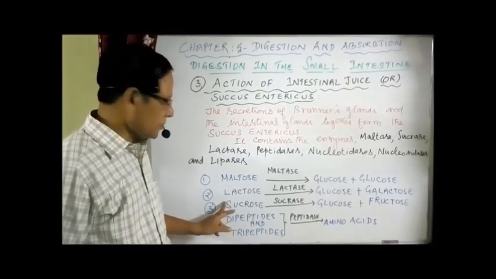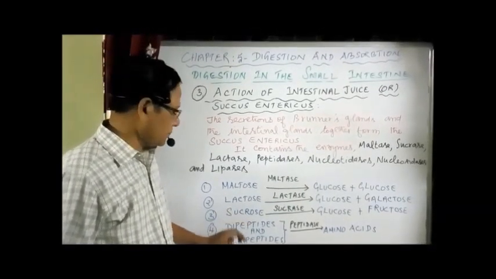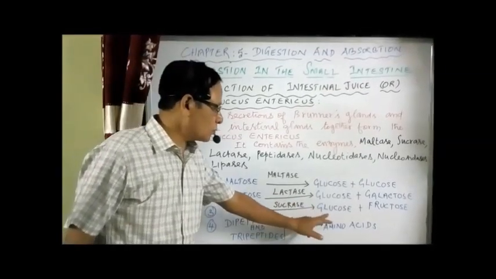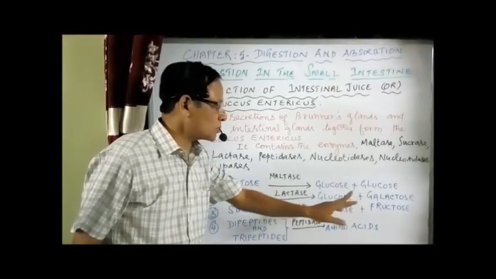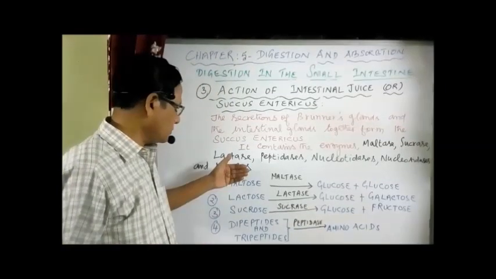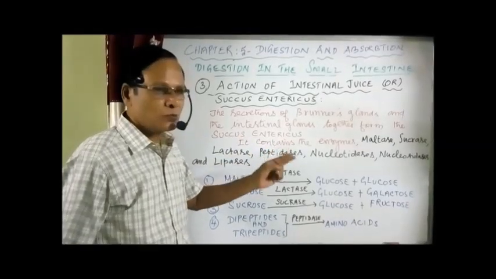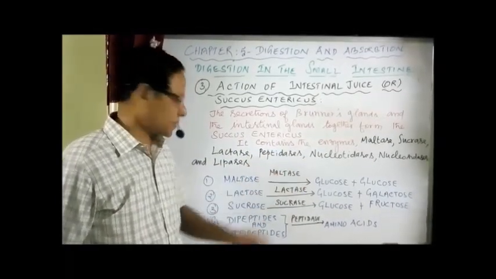Sucrose, normally found in cane sugar, is acted upon by the sucrase enzyme to form one molecule of glucose and one molecule of fructose. So all the disaccharides are broken into two monomeric units, the monosaccharides.